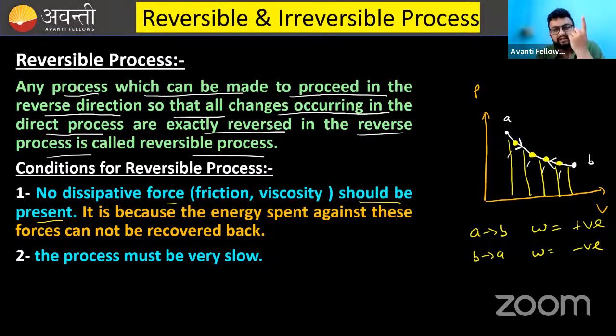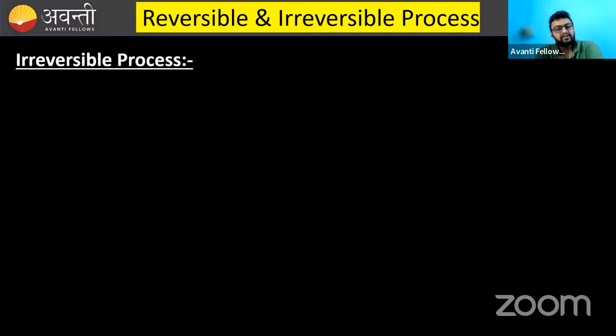So the reversible process, I think it is clear. In a reversible process, work done will remain the same because the area will remain the same. And the conditions of a reversible process are also the same as discussed. Now, what is an irreversible process? It is the opposite of a reversible process, so there is no need to discuss much.